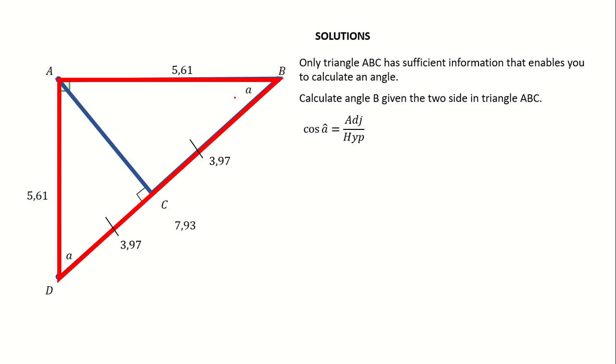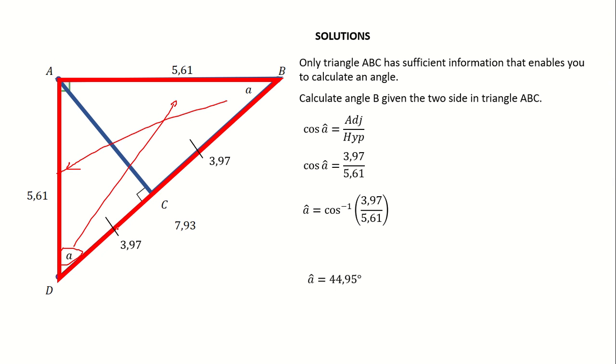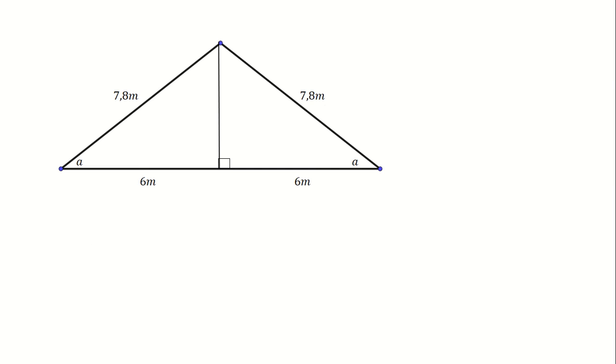So if this is alpha, that will also be alpha, because those angles are opposite equal sides. If angles are opposite equal sides, then those angles will also be equal, okay? Now for me to calculate alpha, I simply found the inverse cos of 3,97 divided by 5,61, and I got 44,95.